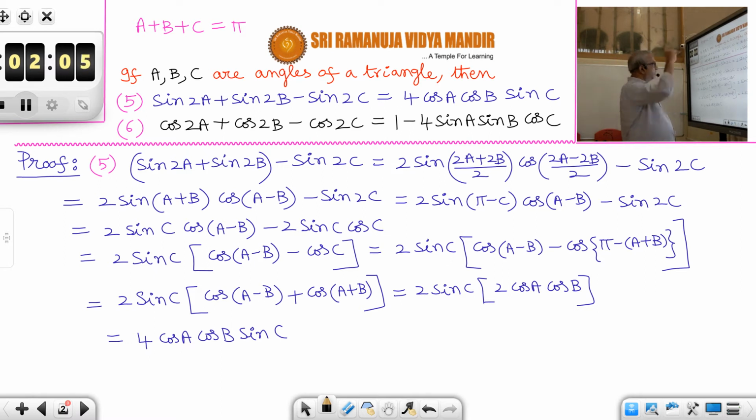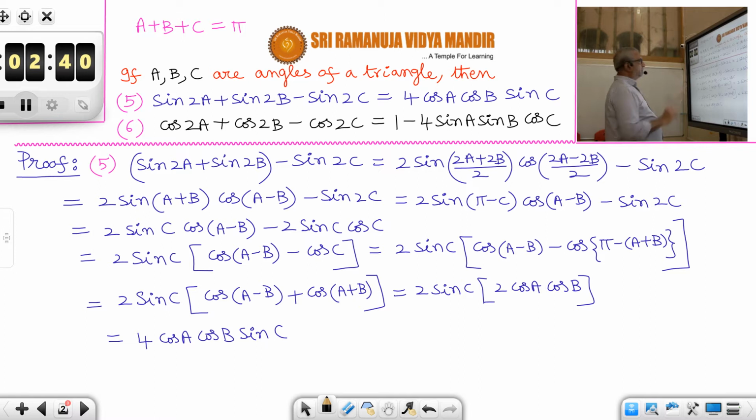Similarly, second identity is cos 2A plus cos 2B plus cos 2C is equal to minus 1 minus 4 cos A cos B cos C. But here the sixth one, cos 2A plus cos 2B minus cos 2C is equal to 1 minus 4 sin A sin B cos C.